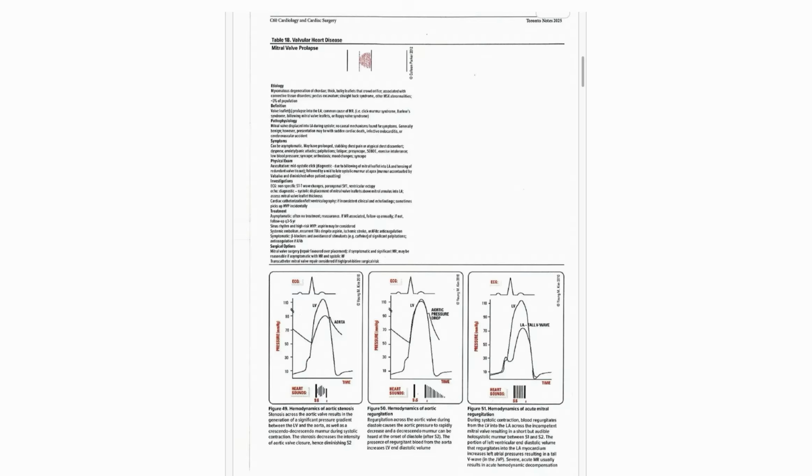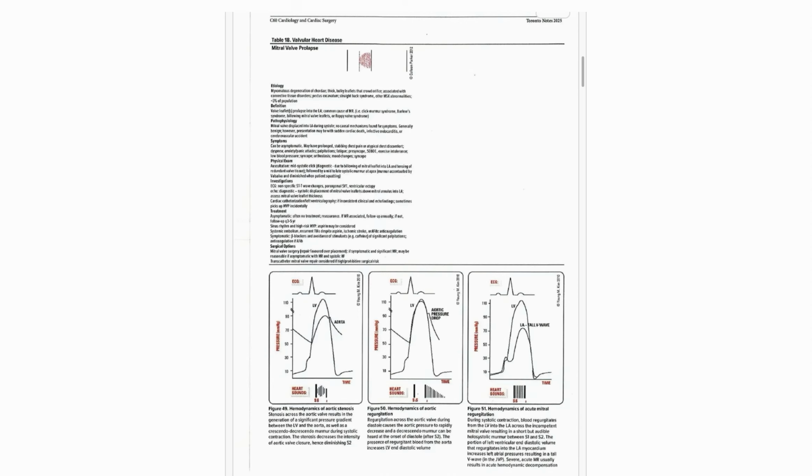And figure 50 shows hemodynamics of aortic regurgitation. In aortic regurgitation, the incompetent aortic valve allows blood to flow back into the left ventricle during diastole.